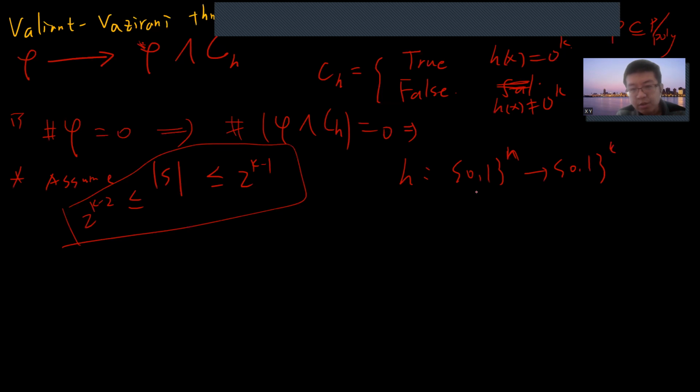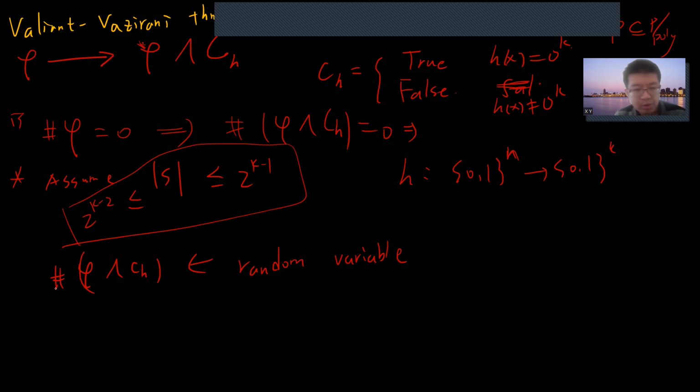If you randomly choose h from the family H and put C_h here, then the number of solutions of phi and C_h will be a random variable, because you randomly pick h, so C_h will be a circuit, depending on the random h you choose.